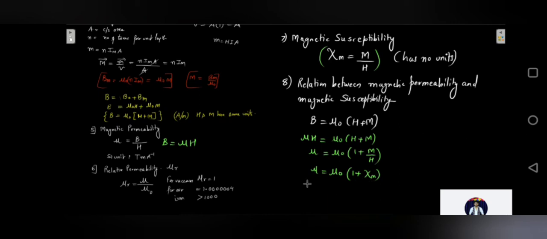If I want to get it in terms of relative permeability, mu can be said as mu r into mu naught.